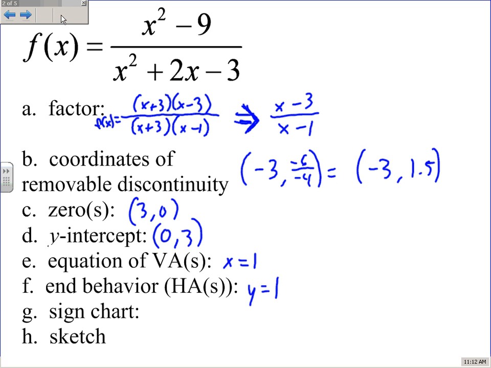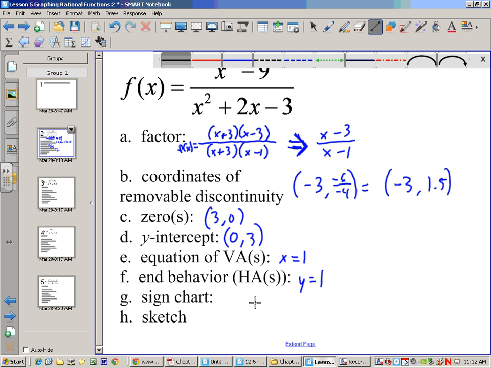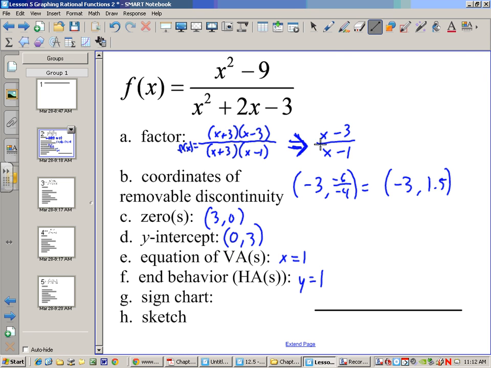Now we'll look at the sign chart and then sketch our graph. Our sign chart looks like this, where our values are going to be the zeros, which is at 3. I'll put a little z down here to denote that that's a 0. And our vertical asymptote, which we have at 1. Now, we can just use this part again to determine whether it's positive or negative.